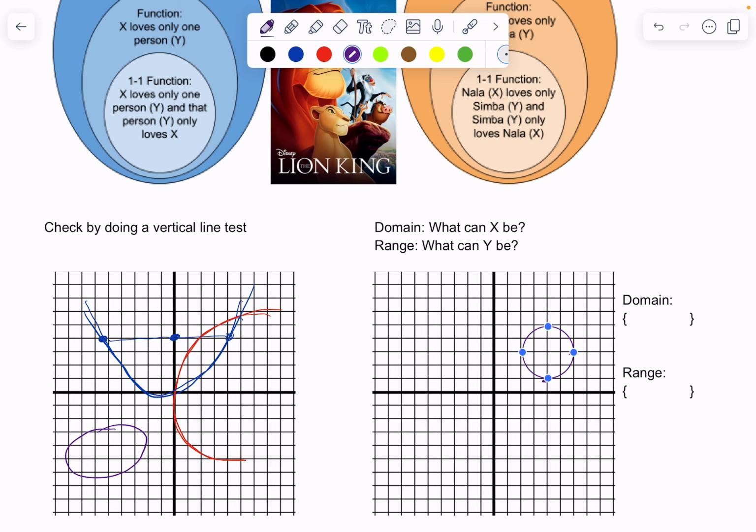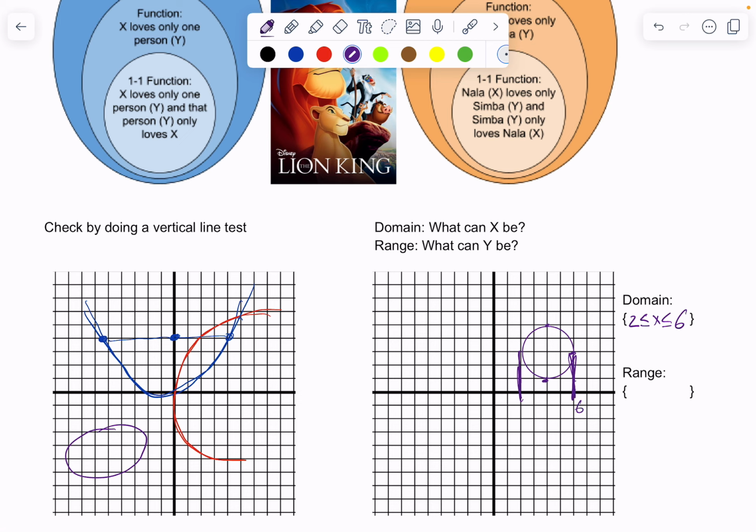Okay. If this was my circle, for my domain, x can only go to here and to here. So that's me saying that 2 is less than or equal to x, and x is less than or equal to 6.